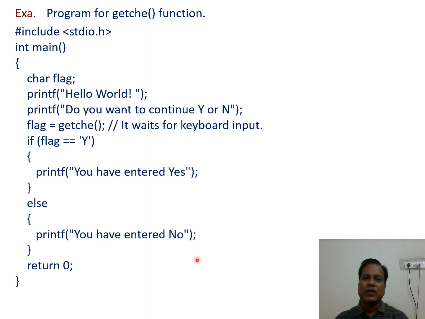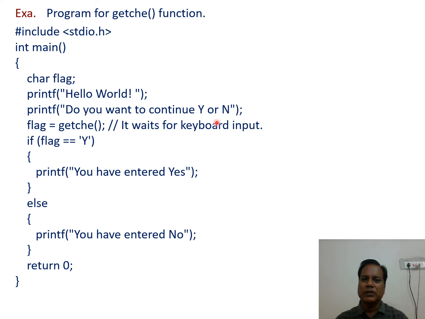So let us see an example program that uses the getche function. In this program, the first statement of the main function declares flag as a character type variable. The next statement prints hello world on the output screen. Printf Do you want to continue Y or N?